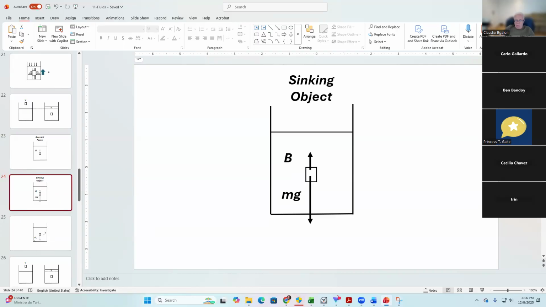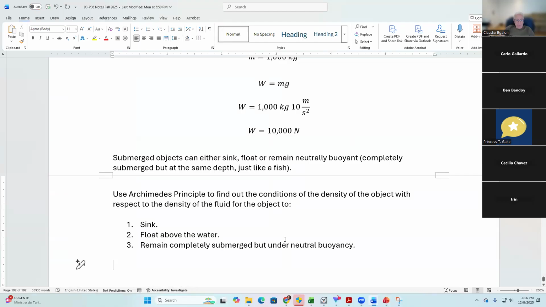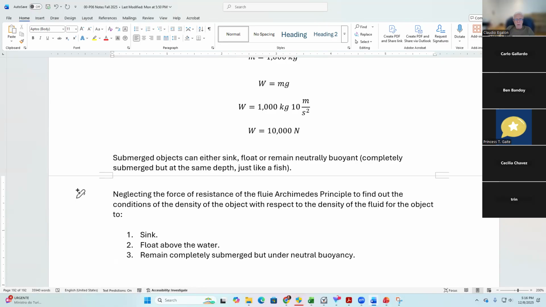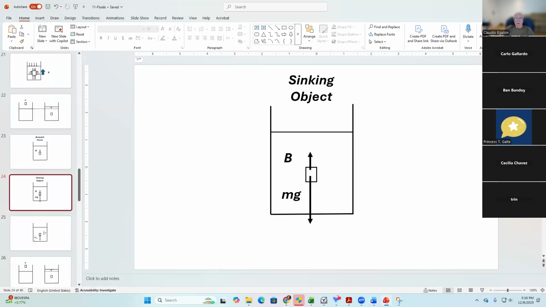And by the way, I'm going to neglect the force of resistance of the fluid, very important. So since I'm neglecting the force of resistance of the fluid, we're going to have only those two forces, the weight and the buoyant force.